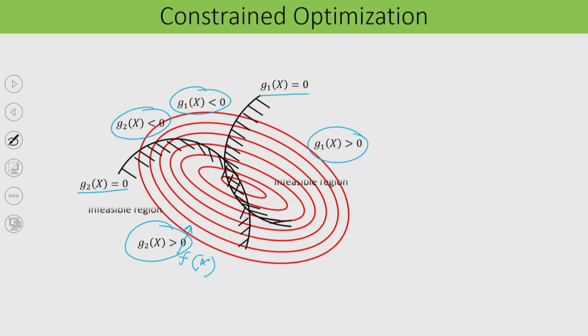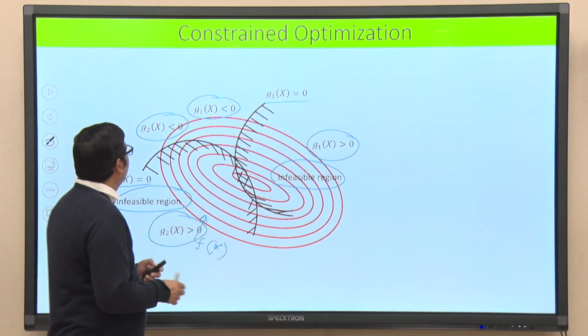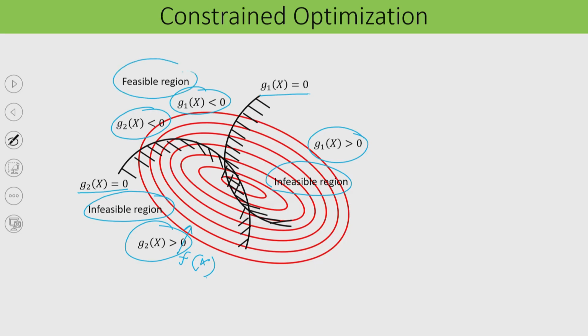This is your infeasible region, that means any solution in this region will be infeasible, because it will not satisfy the constraint. However, if a solution is somewhere on this side or this side, that is a feasible solution. So this is a feasible region and this is also a feasible region.